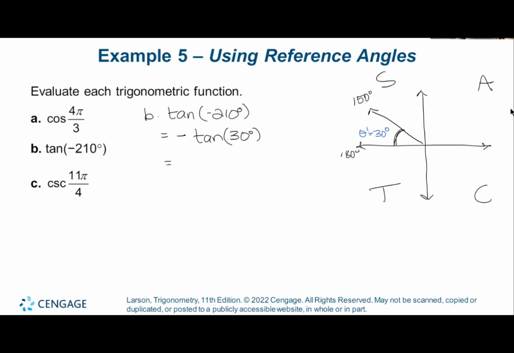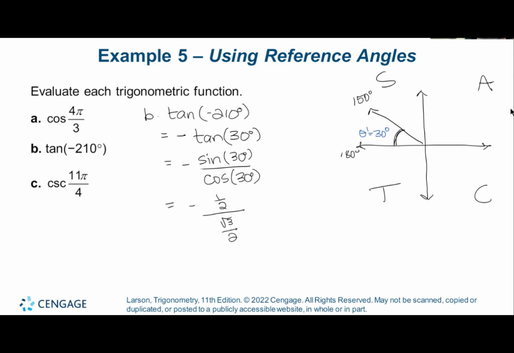Well, tangent, we know from an identity, is sine over cosine. So this would be sine of 30 degrees over cosine of 30 degrees. And both of those will show up on your chart or in the first quadrant of the unit circle if you drew that. And that would give us 1/2 over square root 3 over 2.